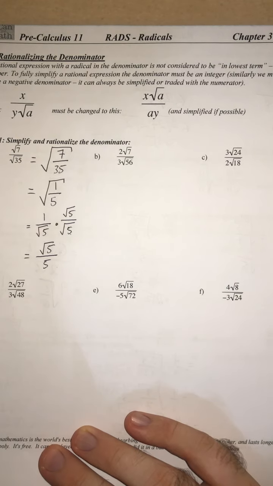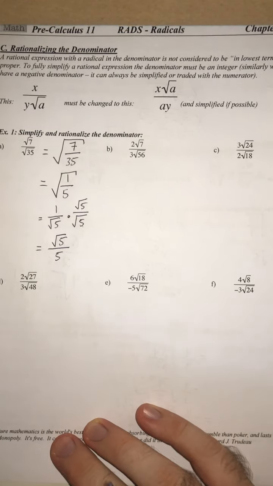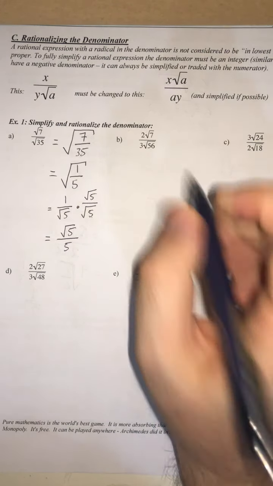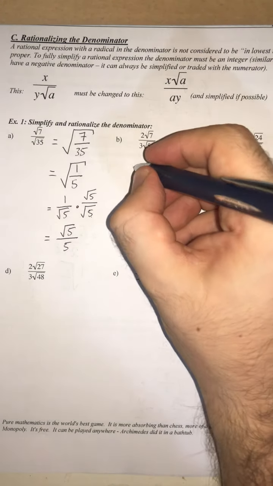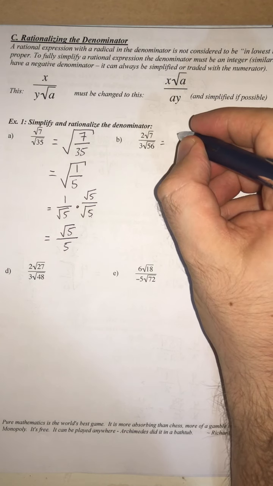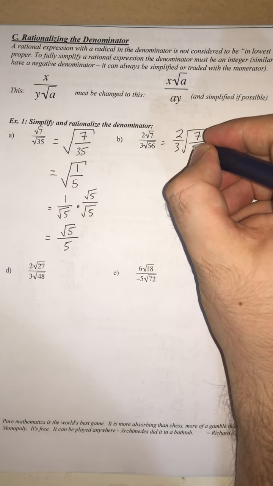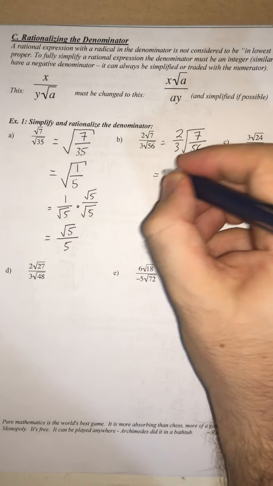So yes, I left an entire set of notes just for this, because the next one's practice. So this will give you a little bit of a chance to catch up if you haven't done so. Let's try this one. We can write this out in a single square root, root 7 over 56.